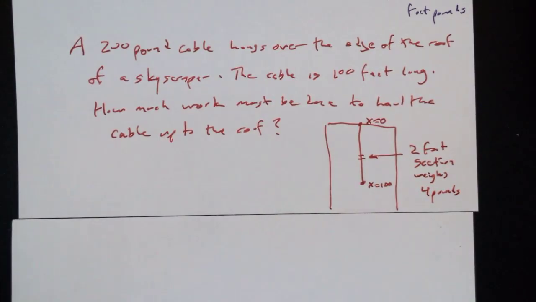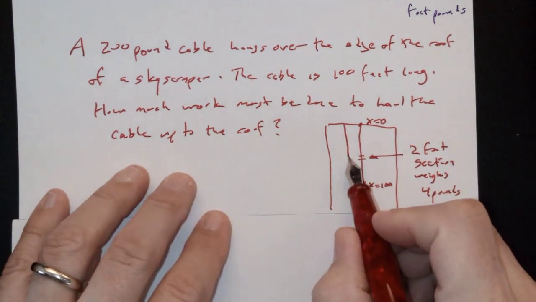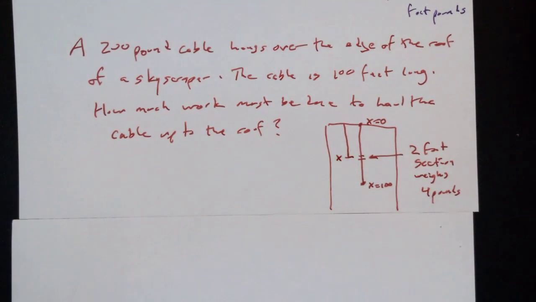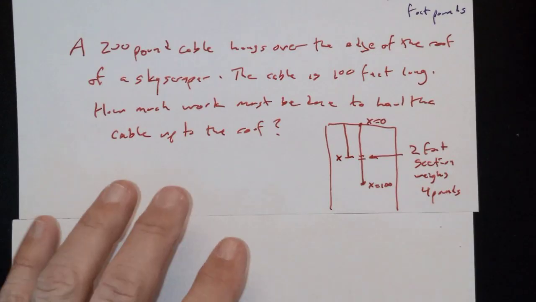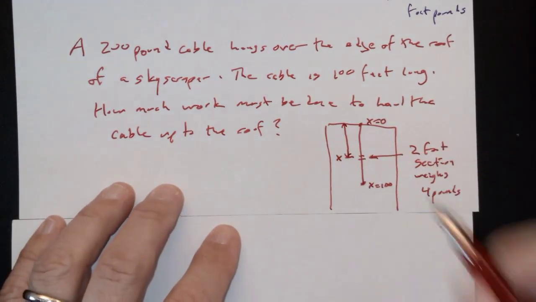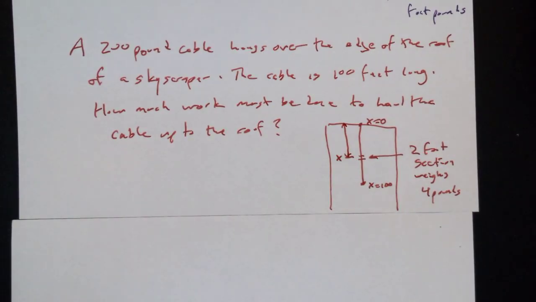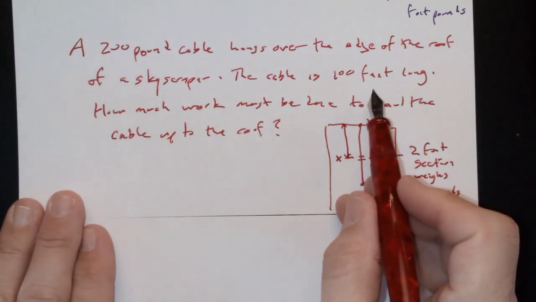I don't know where that is. So let's just assume that its distance is some X value. Somewhere in the middle of that 2 feet, we pick a spot and call it X. So how much work is going to be done to move that piece of cable up? 200 pound cable, 100 feet long.